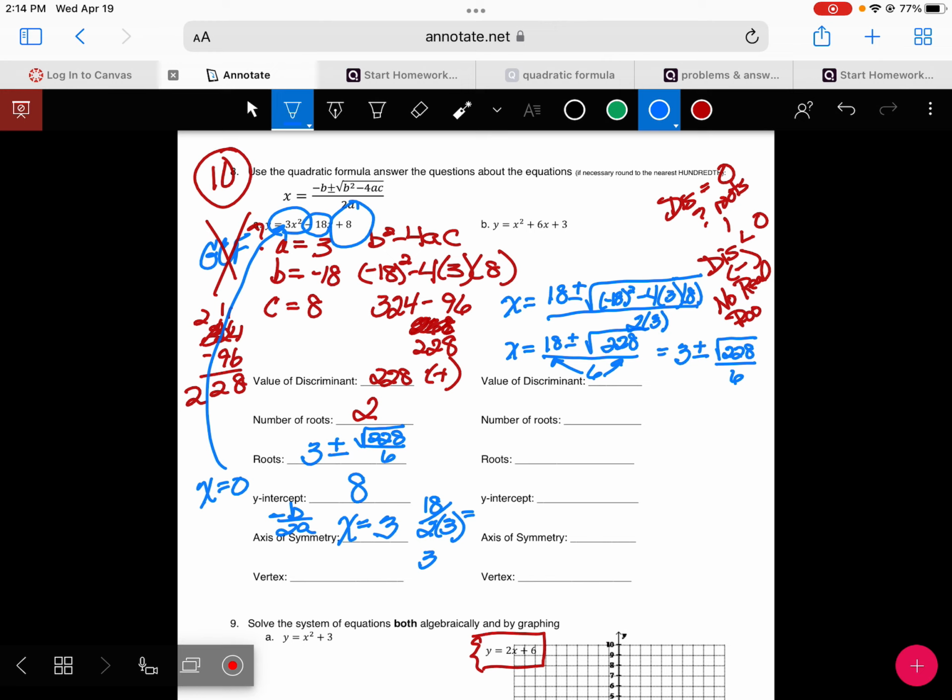So your vertex is always right in the middle. So this is not only your axis of symmetry, it also becomes your x coordinate. Okay? So finding that to be 3 means your vertex x value is 3. And how can I find the y value? If I know x is 3, what could I do?